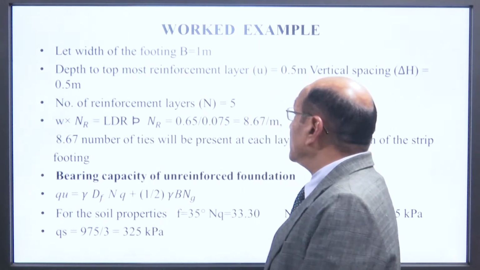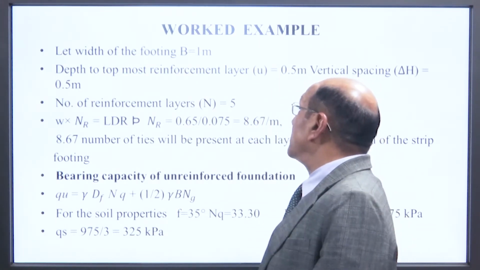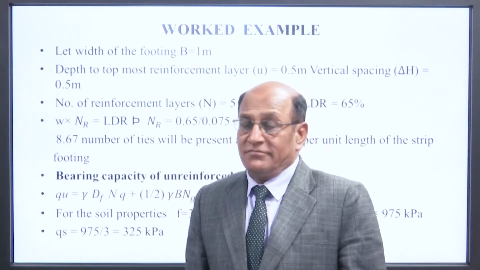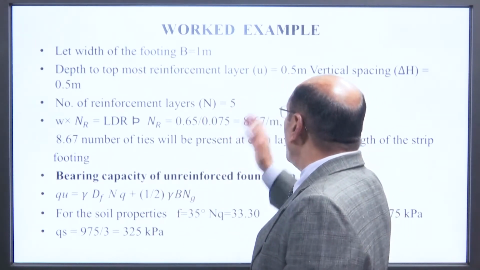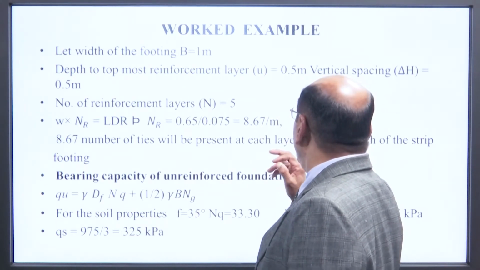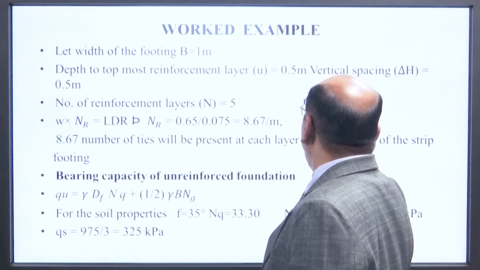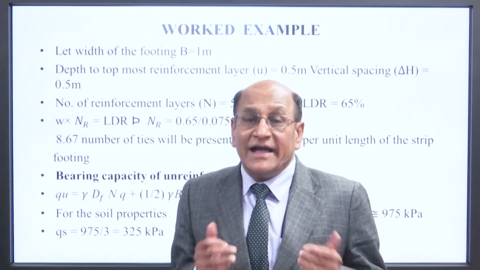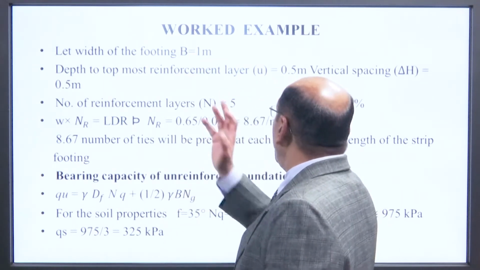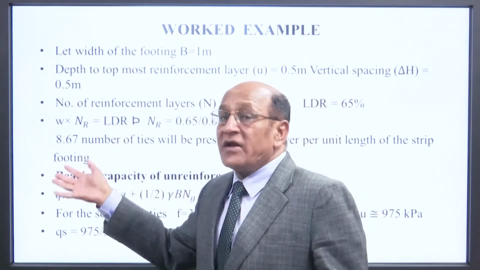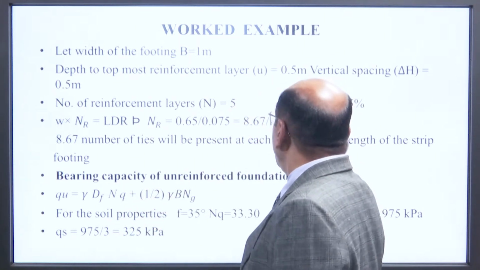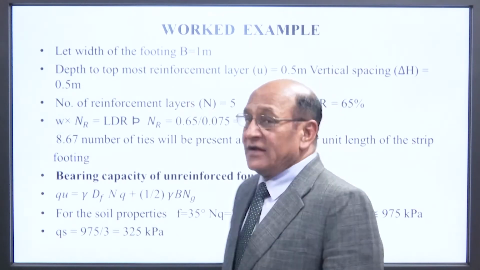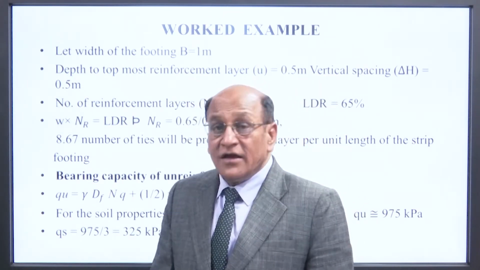Let us suppose the width of footing B is equal to 1 meter, depth to top reinforcement layer u is equal to 0.5 meter, vertical spacing delta H is 0.5 meter. Now, the number of reinforcement layers that we have taken here, N, is equal to 5.